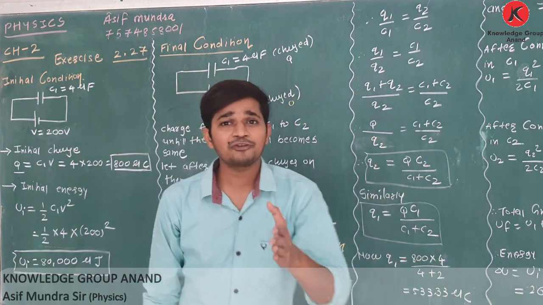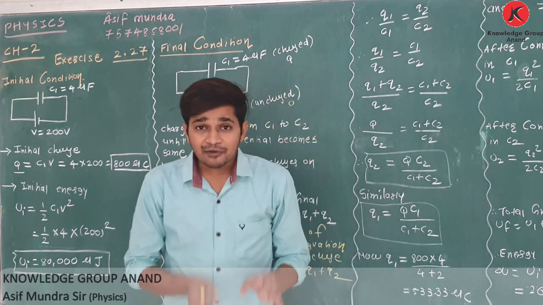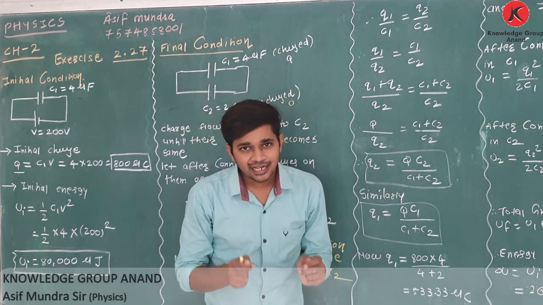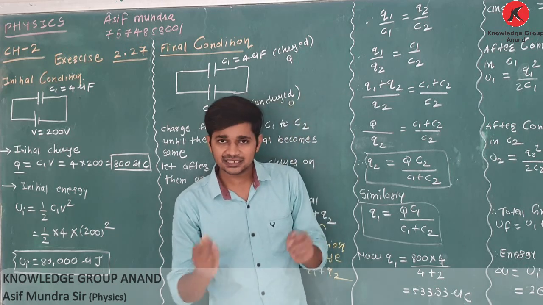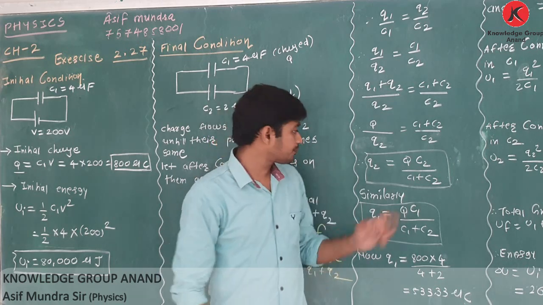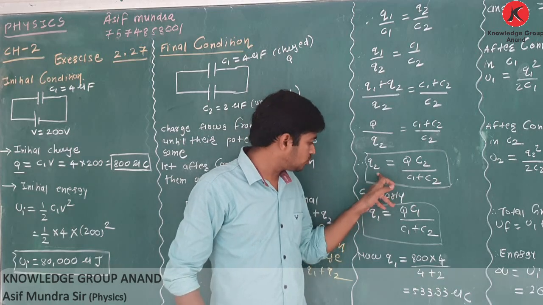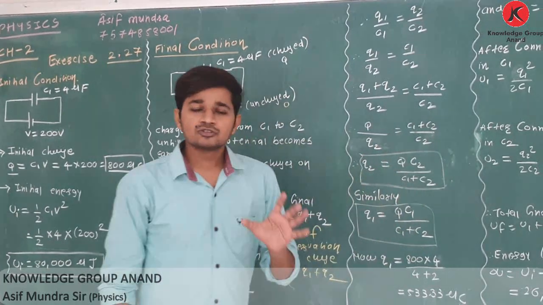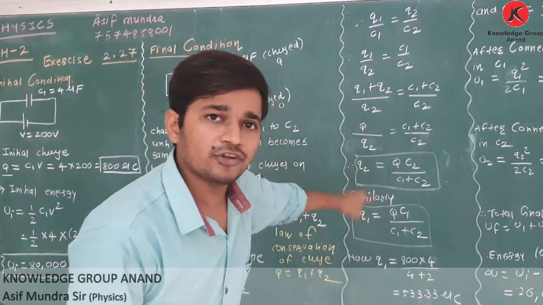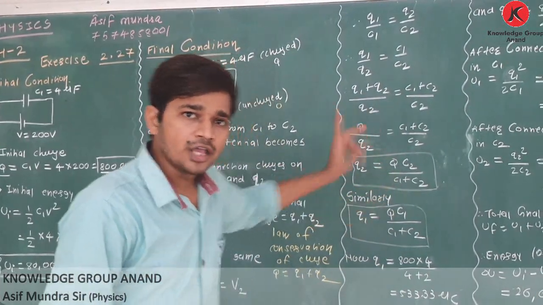Hello students, you have to remember this equation. When two capacitors having capacitances C1 and C2 are connected, the charge on the capacitor Q2 is this, and similarly Q1 is QC1 upon C1 plus C2. You have to remember these two equations.